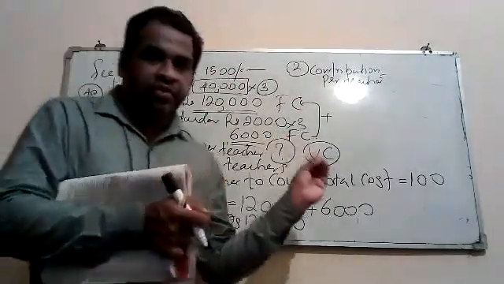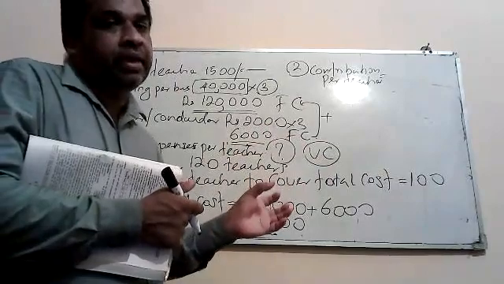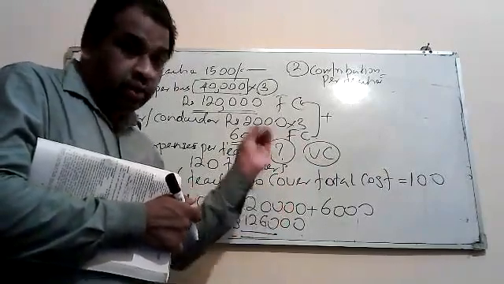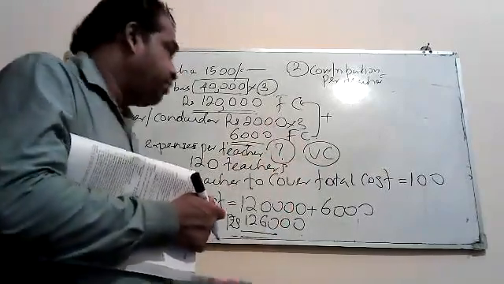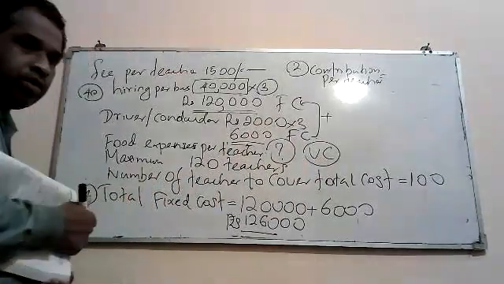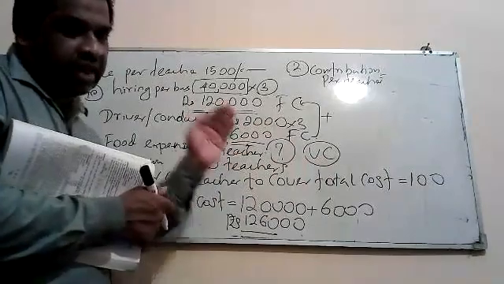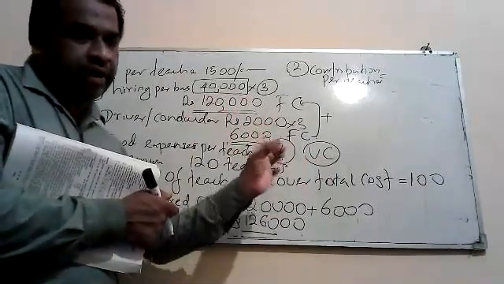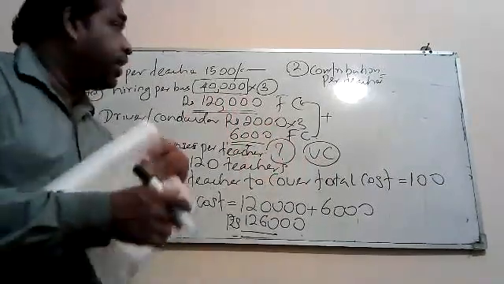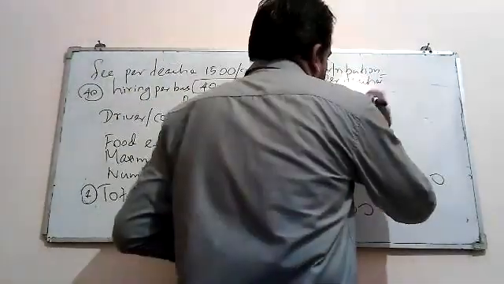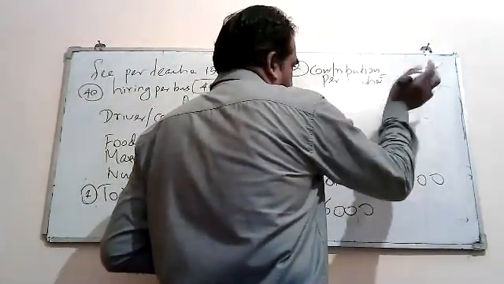We have understood the concept of BEP in units and value, right? If you want to find out BEP in units, we have a formula. BEP in units equals total fixed cost divided by unit contribution.